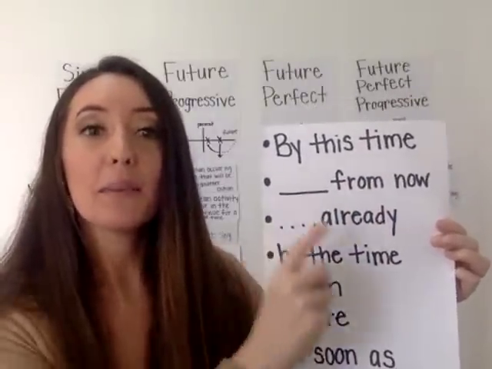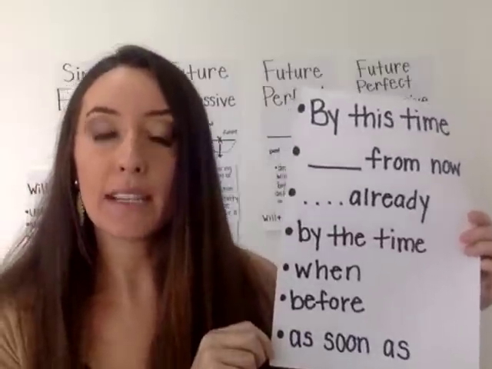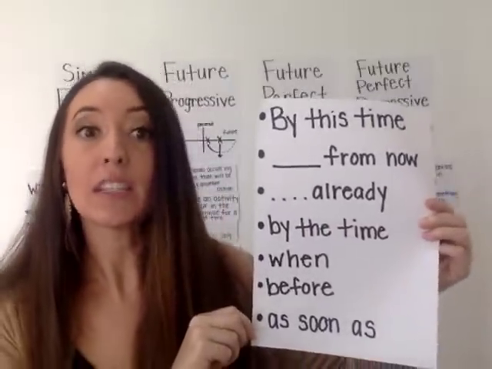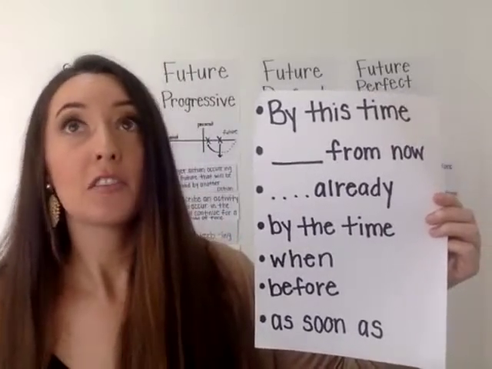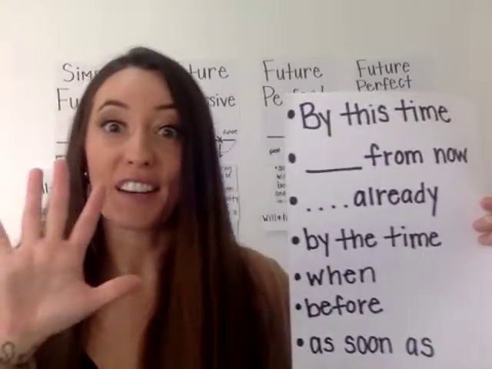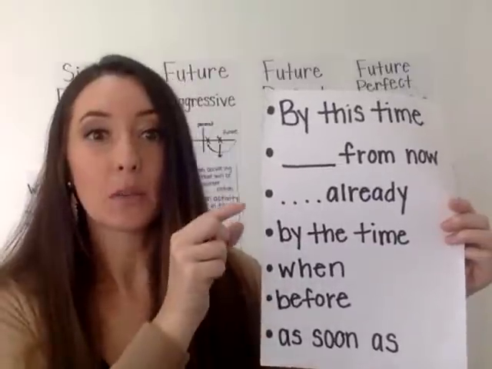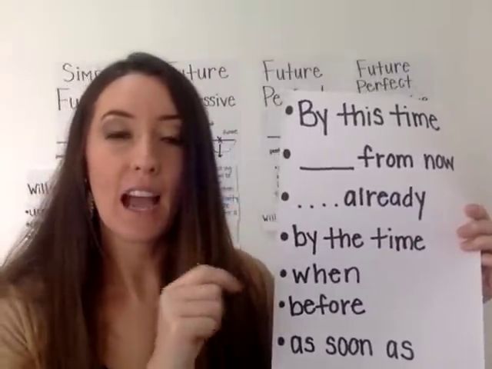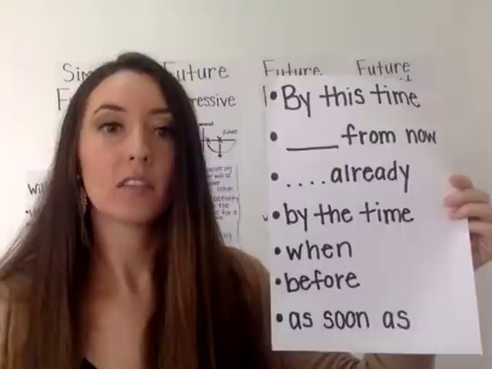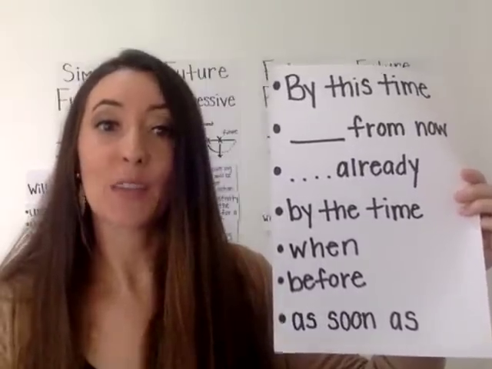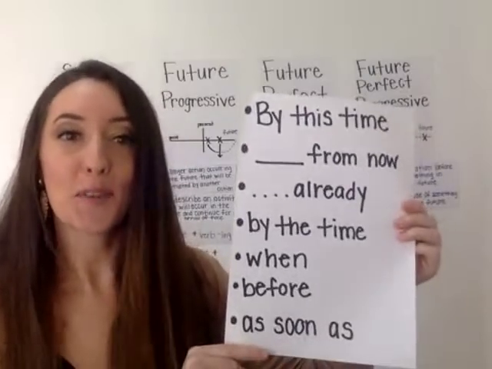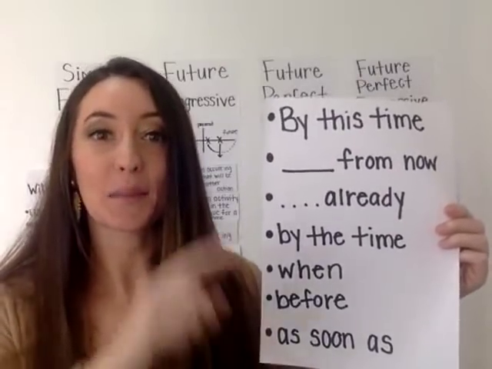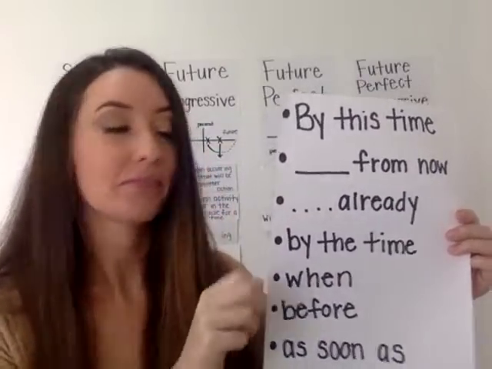You can say 5 minutes from now, 3 weeks from now, 2 years from now. 2 years from now, I will have been working for Cambly for 5 years. We use already, by the time, when, before, as soon as, and there are more. So whenever we're using future perfect progressive, we are going to be using some expressions of time.